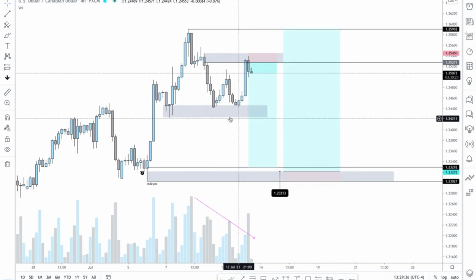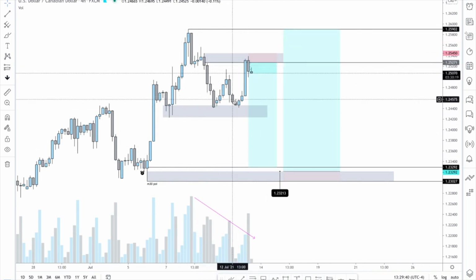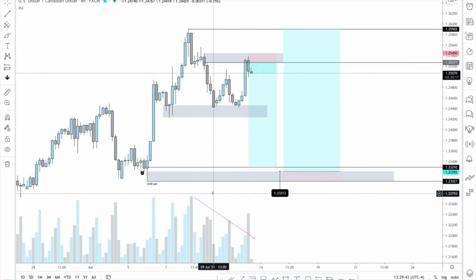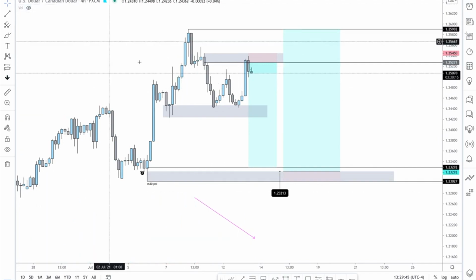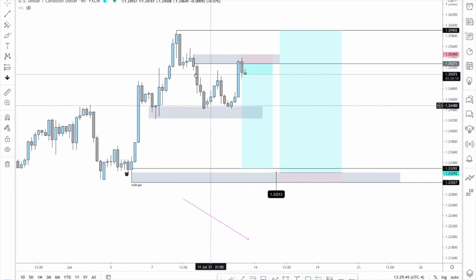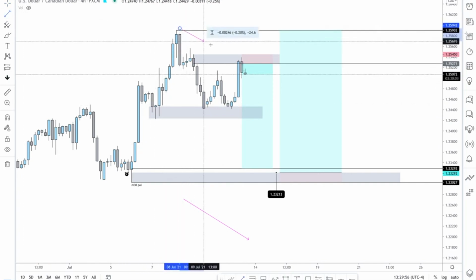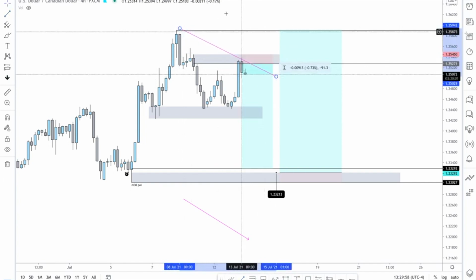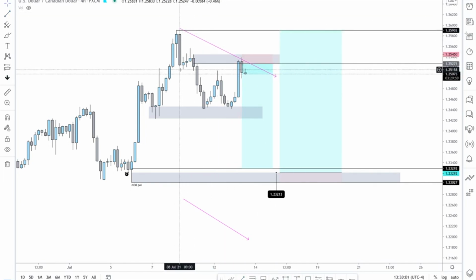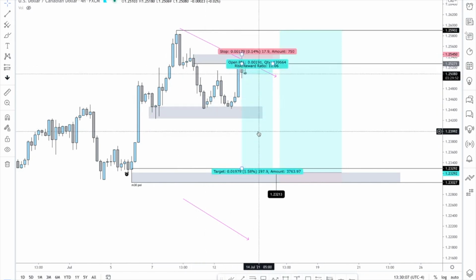So what I like to do is, first I like to look at what price is doing. Then I like to look at what the volume is doing. And I really just do what makes sense. So, for example, I can see up here within price, after this break of structure on the lower time frame, price is creating lower lows, lower highs, so we're anticipating a lower low.